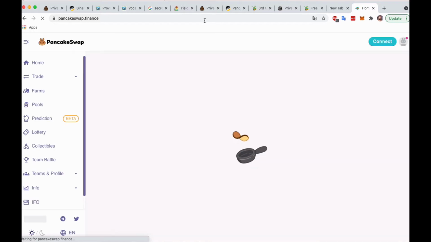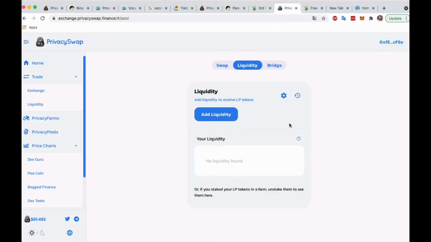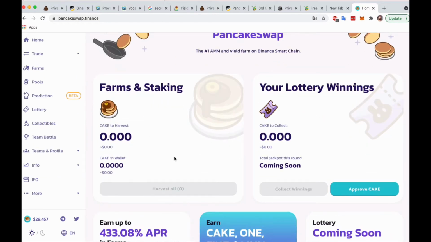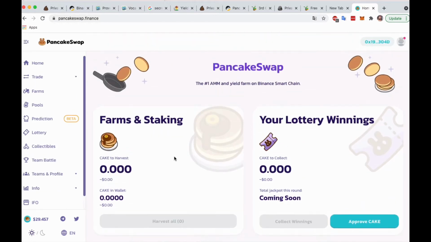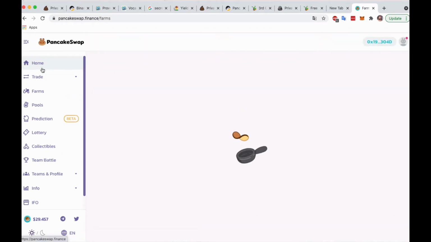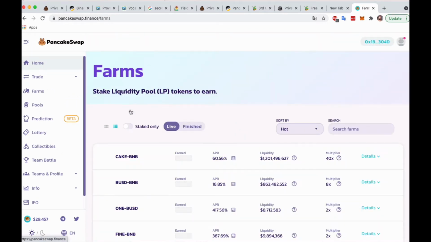What we have on Privacy Swap is literally like having a window in a window from PancakeSwap. And PancakeSwap is one of the top sites right now for DeFi farming. We're going to go into the farms and look at what's available.